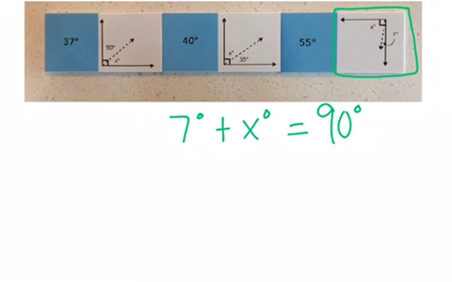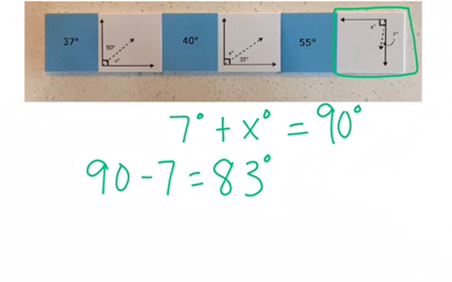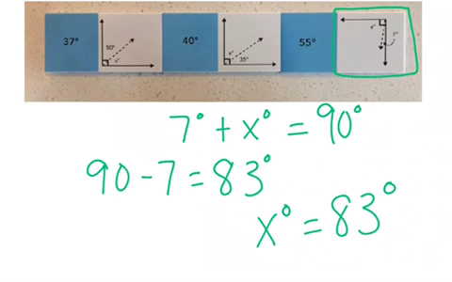Pause the video and solve for x. Some of you might have added up to 90, and some of you might have subtracted 7 from 90 to get 83 degrees. So x equals 83 degrees.